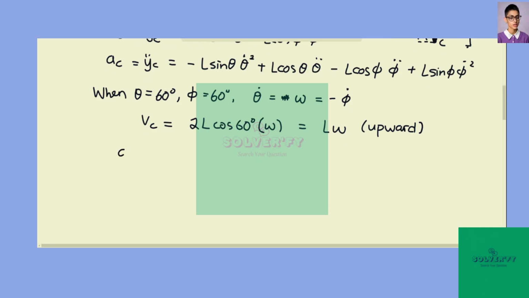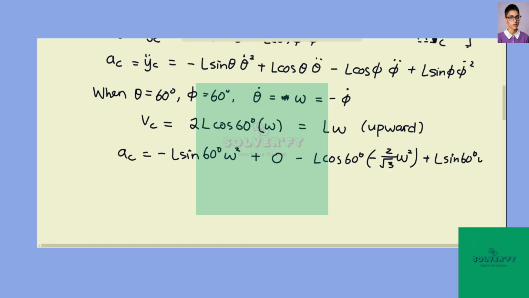And then ac is equal to minus L sine 60 degrees omega squared, plus theta double dot is 0, minus L cosine 60 degrees times, just now, our phi double dot, which is minus 2 over root 3 omega squared, plus L sine 60 degrees omega squared.